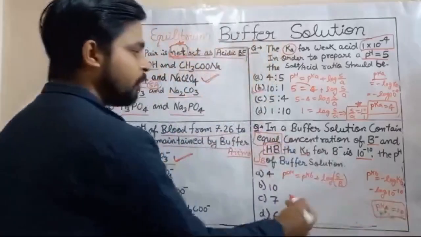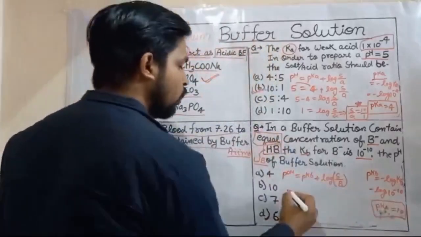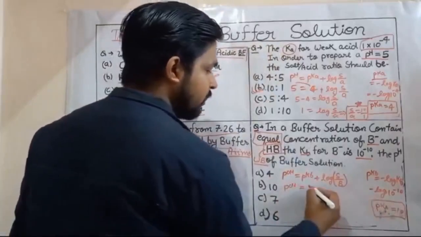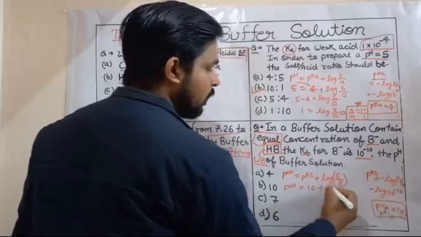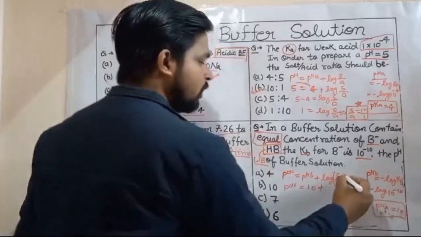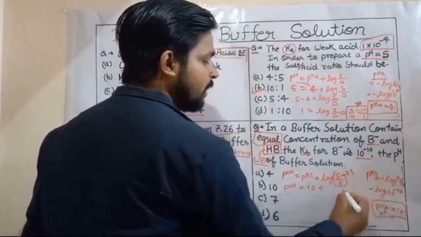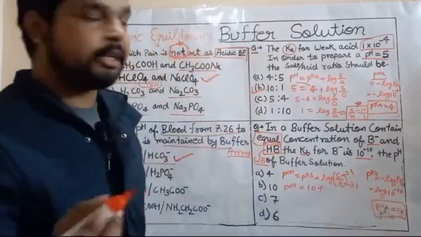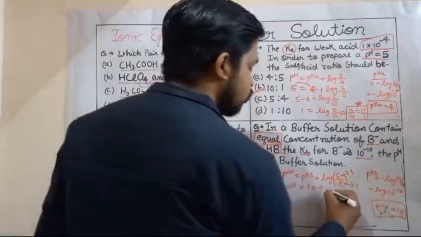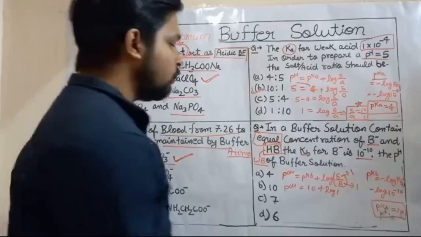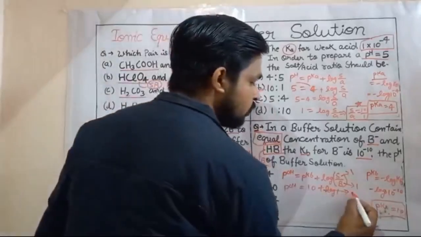Okay students, so we put in this formula pKb, pOH is equal to pKb is 10 plus log salt by base concentration. If salt and base concentrations are equal, the salt concentration is taken as 1 and the base concentration is taken as 1, because they are equal as in the question. Okay student, so log 1 came, and we know that the value of log 1 is 0.